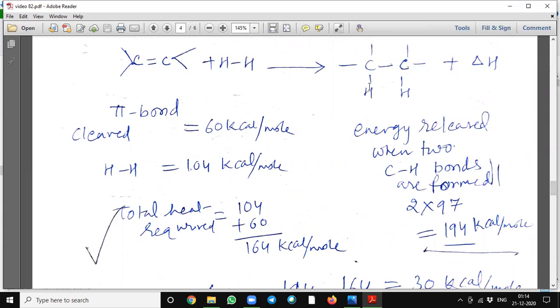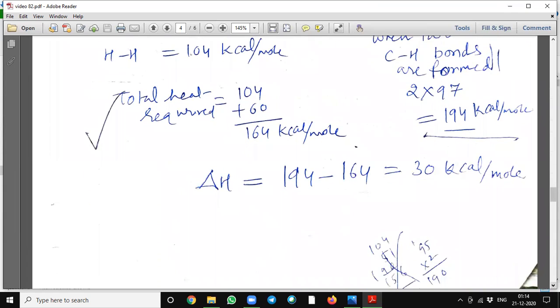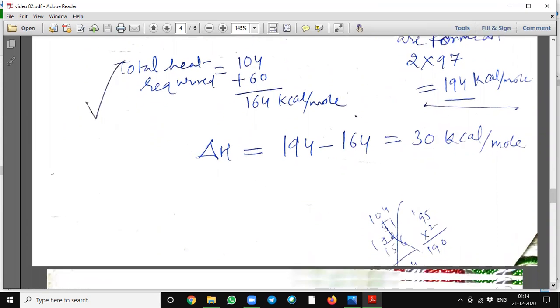Whereas new sigma bonds are formed here, and each evolves 97 kilocalorie per mole of energy. So 97 multiplied by 2 is 194. So 194 minus 164 is about 30 kilocalorie per mole, so it is an exothermic reaction.